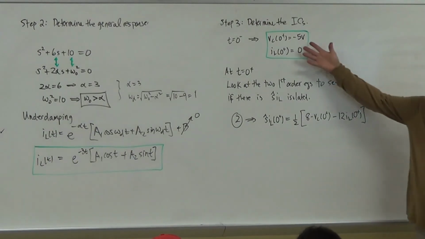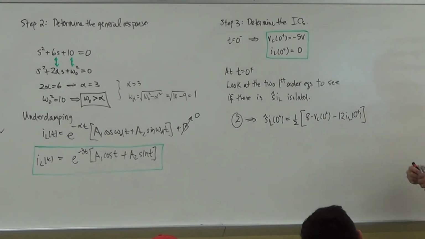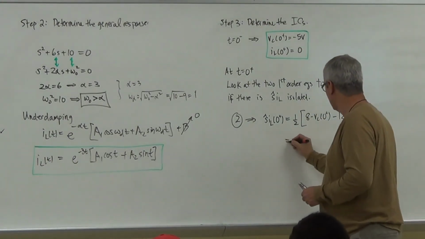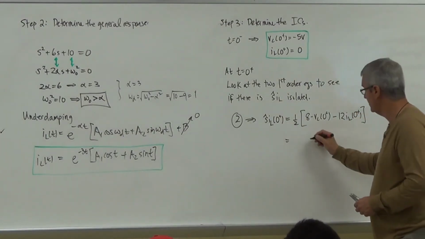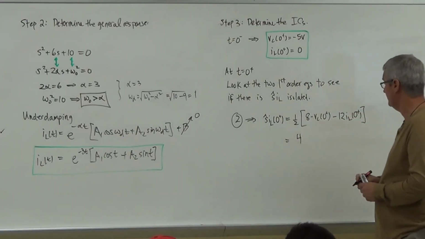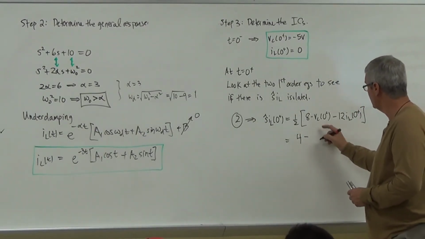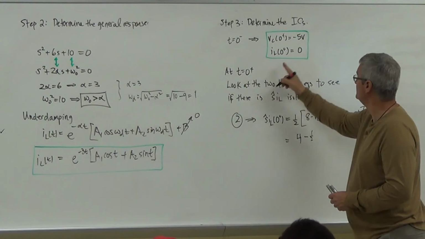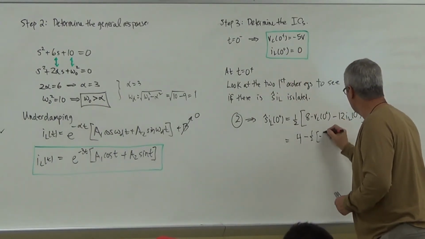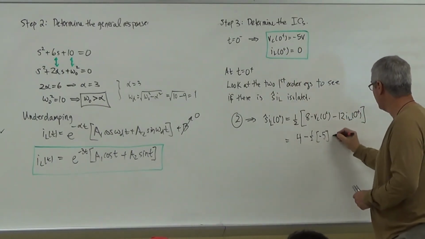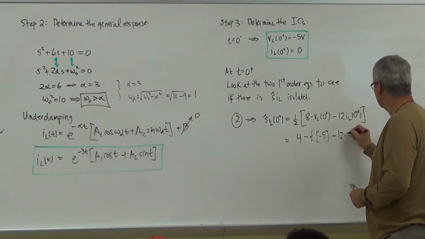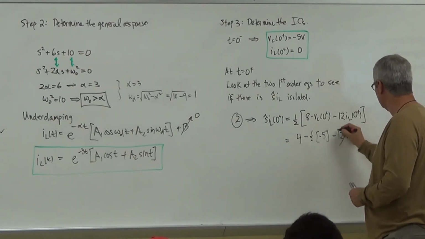So now I'm going to put in my values. If I put in my values here, I'm going to get what? That term's a constant, which should be 4. Then VC is going to be what? It tells me that it's minus 5, and then I get minus 12 times 0, so that term is gone.